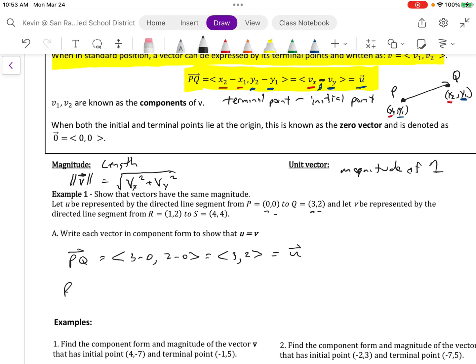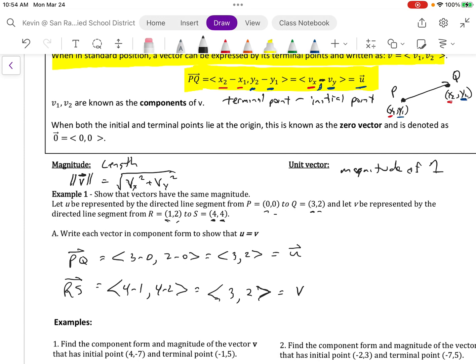Now we'll look at the other one, which is RS. Here we take 4 minus 1 for our x values, terminal minus initial, and for our y values, 4 minus 2. 4 minus 1 is 3, and 4 minus 2 is 2.